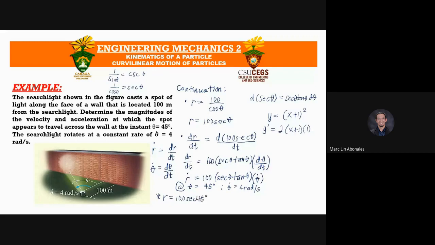So if wala man tayo second sa calculator, you can use 100 over cosine 45 degrees. So pila tong r anak? Please help me identify what's the value of r. And r dot nato, I'll just rewrite it again.